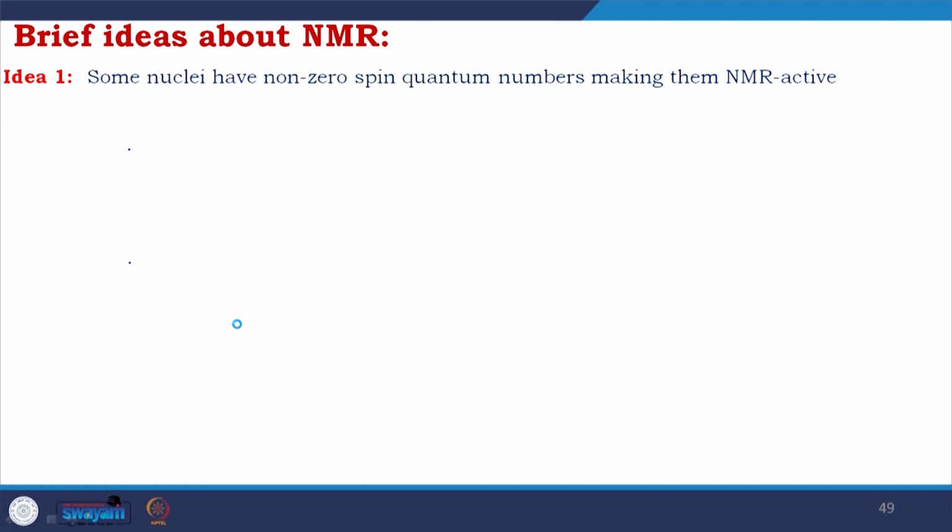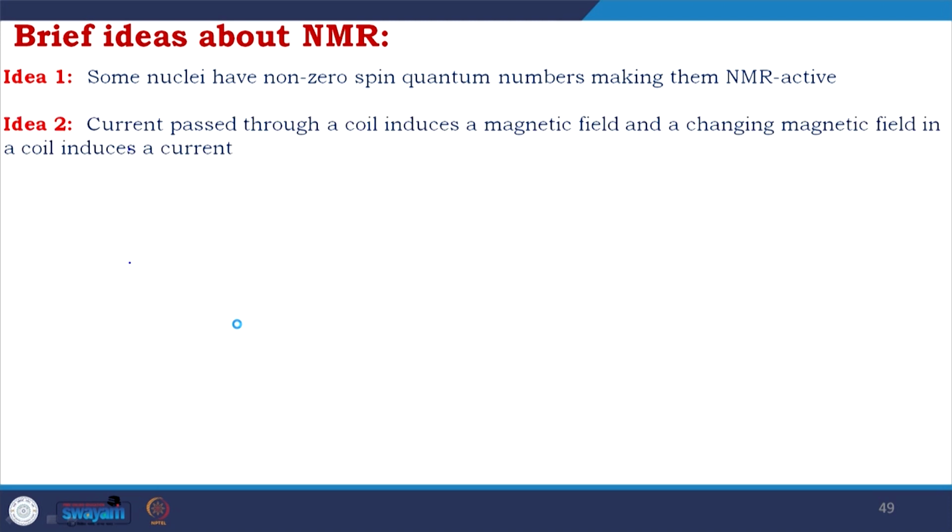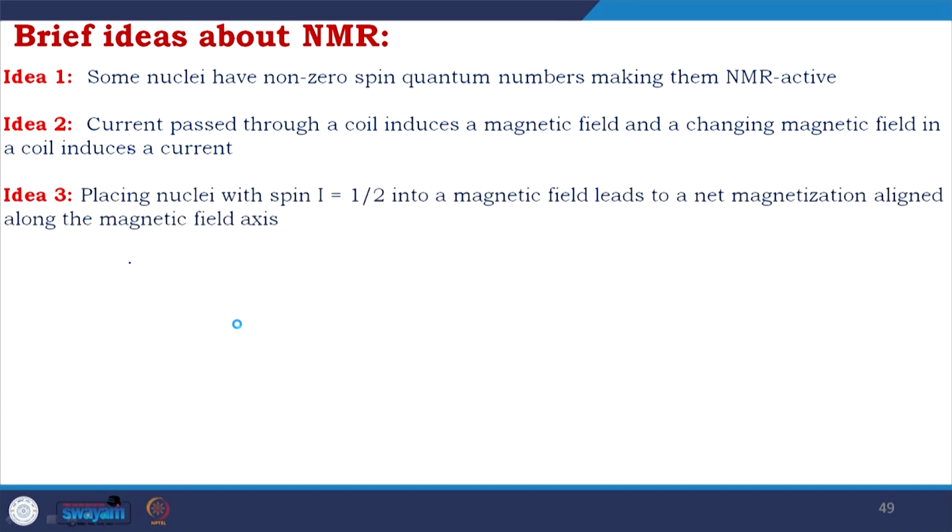We have the first idea that some nuclei have a non-zero spin quantum number, making them NMR active. If current is passed through a coil, it induces a magnetic field, and a changing magnetic field in the coil induces a current, vice versa.